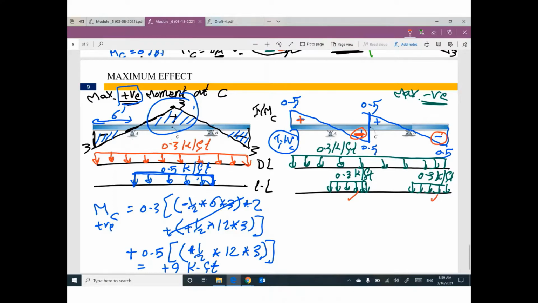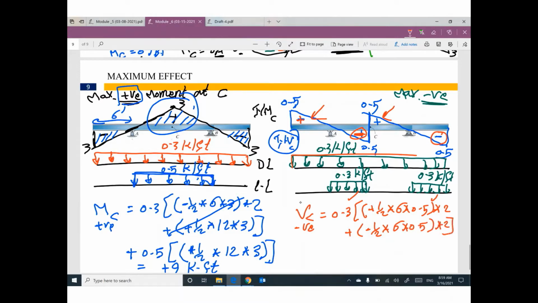What is the final value? Shear at C, maximum negative. The value of dead load times the whole area covered by dead load, the whole diagram. So we have positive 1/2 times 6 times 0.5, multiplied by 2 because we have two diagrams, plus negative 1/2 times 6 times 0.5 times 2 because we have two diagrams.